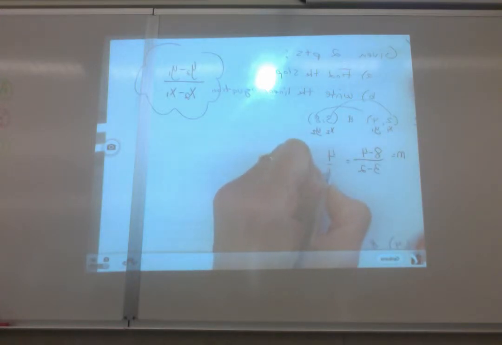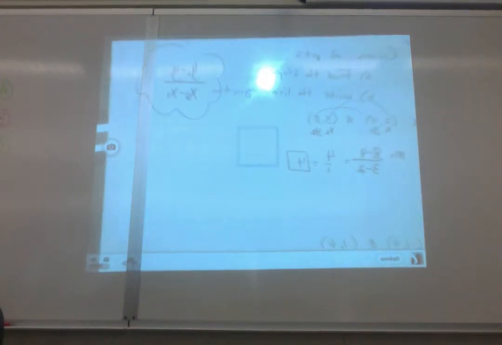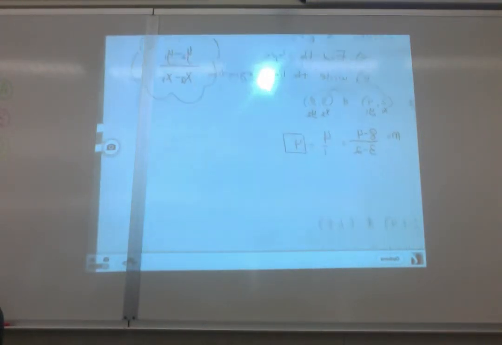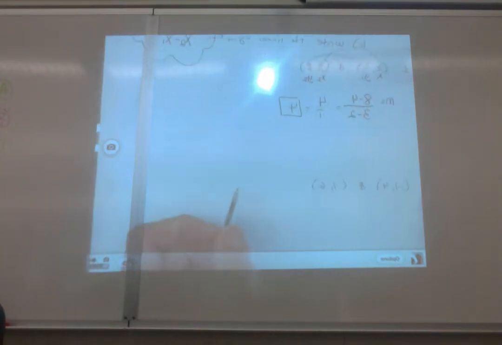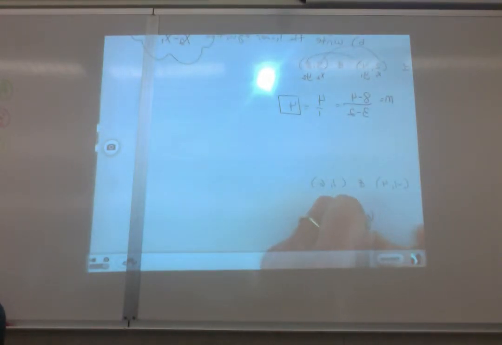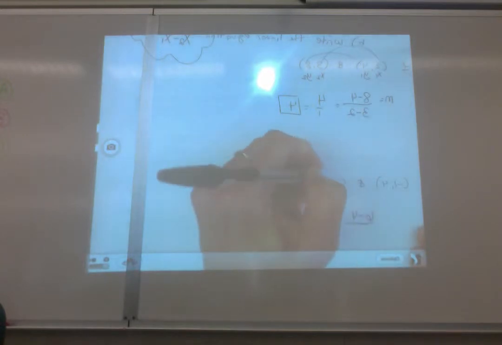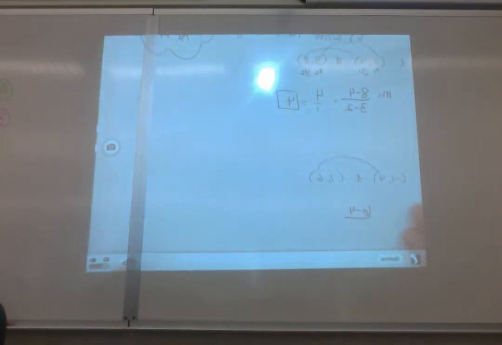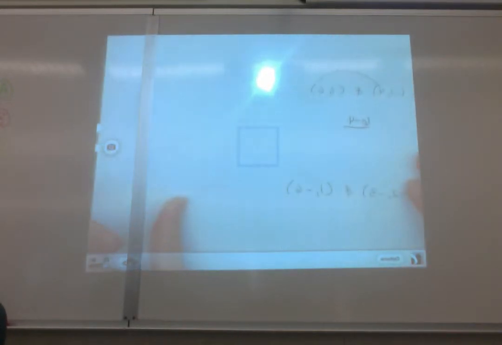Oh, good. I know it's Monday. There we go. Slope number 1. Okay. Number 2 has a negative. Again, I warned you, sometimes negatives are tricky. 6 minus 4, this number minus that number. So far, not so bad.